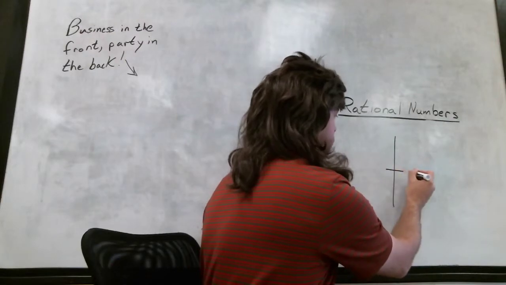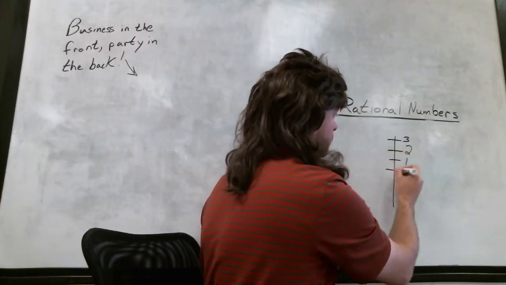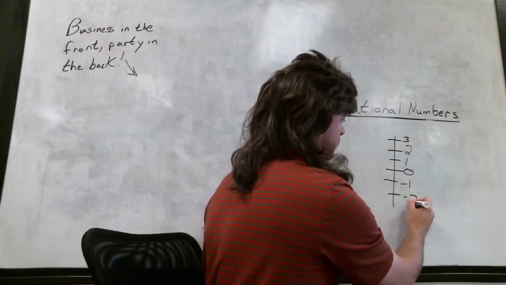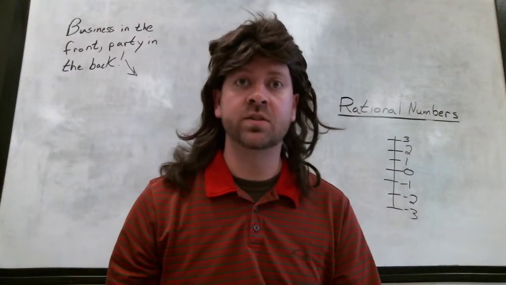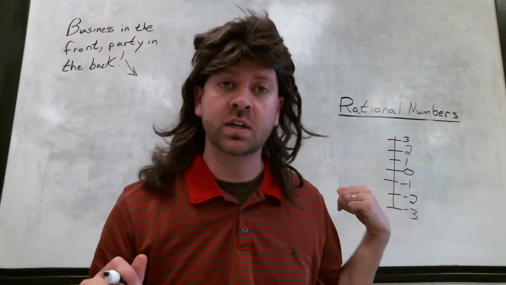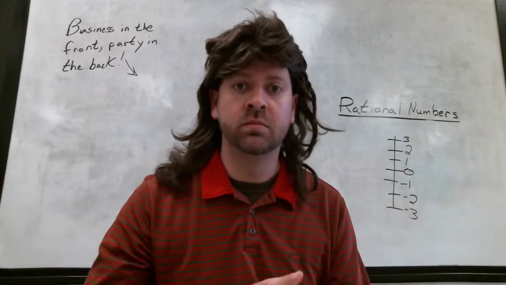Ooh. And we'll talk about that and how that relates to comparing rational numbers using a number line, kind of like we compared integers using a number line. We'll see you then.